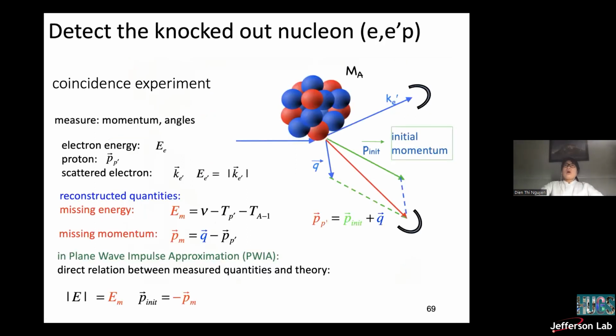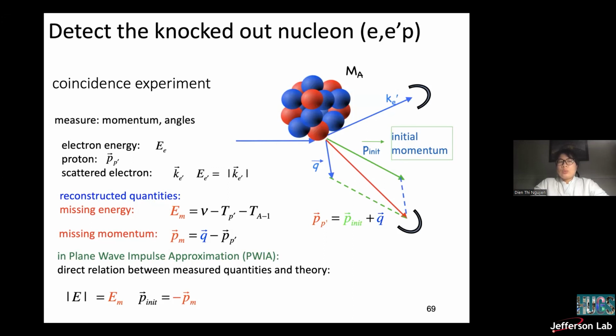Now, in order to test this model, we will use quasi-elastic scattering, (e,e'p). This diagram reminds you of what we detect and how we calculate the variables. There are two new variables you haven't seen up to now: the missing energy and the missing momentum.